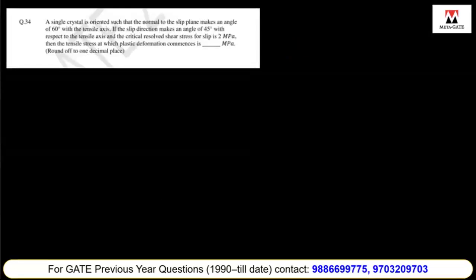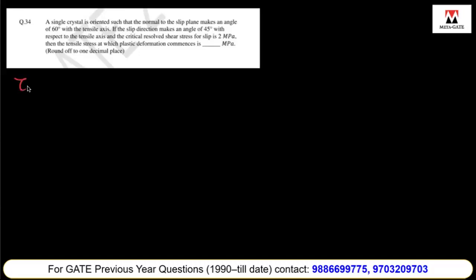A single crystal is oriented such that the normal to the slip plane makes an angle of 60 degrees to the tensile axis. Now the critical resolved shear stress is given. The tensile stress at which plastic deformation commences can be calculated using Schmid's law, where the resolved shear stress is the product of applied stress and orientation factor.